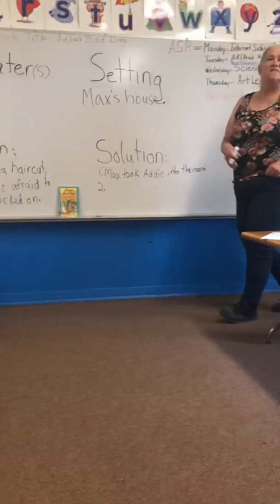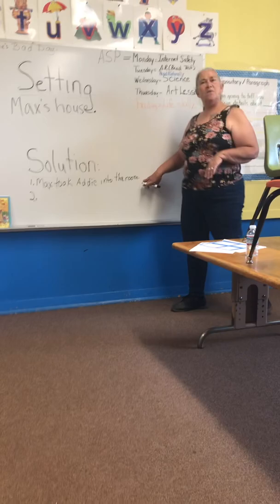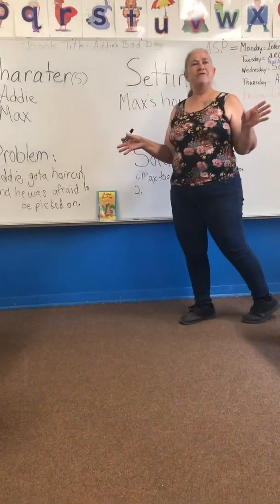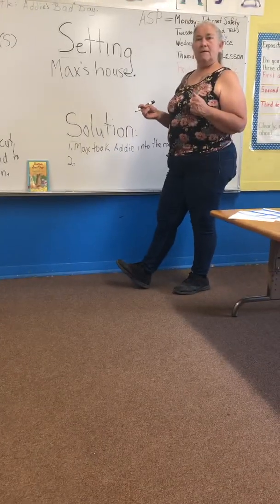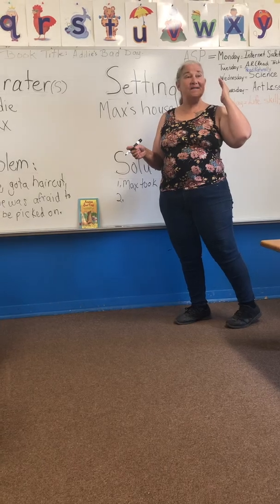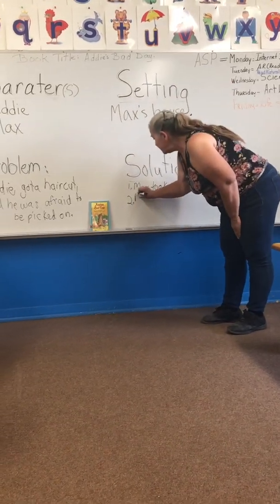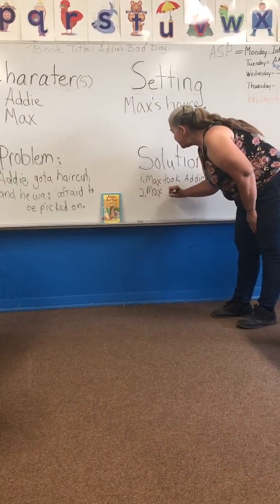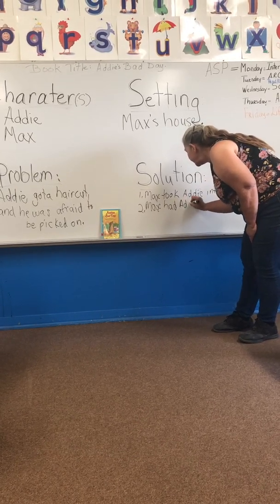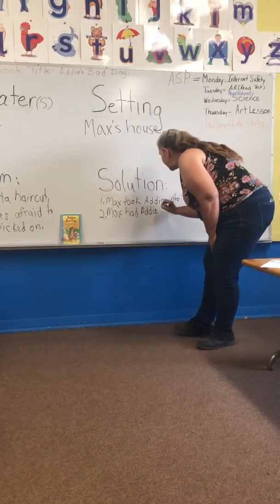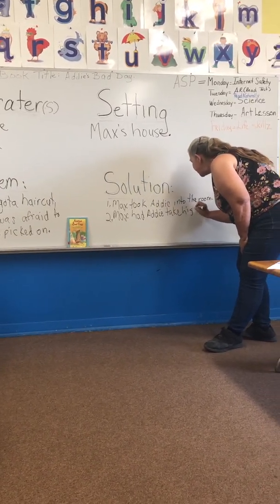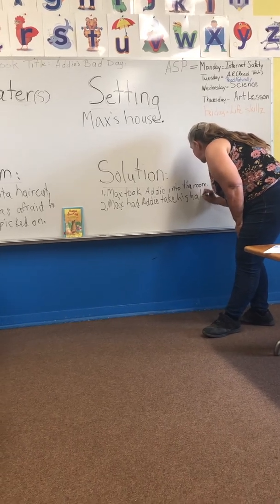The second part of the solution is, once they went in the room, what did Addie do? What did Max do for Addie? Max made Addie take off his hat. Max had Addie take his hat off.